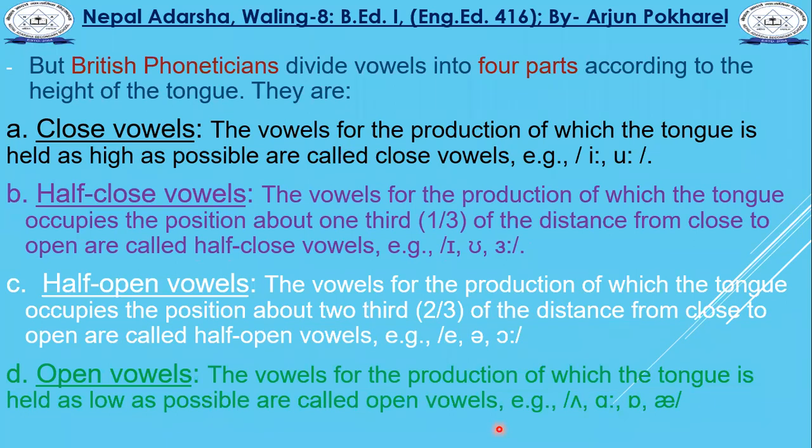In this way we can describe open vowels. Here we have one, two, three, four: there are four different open vowels.